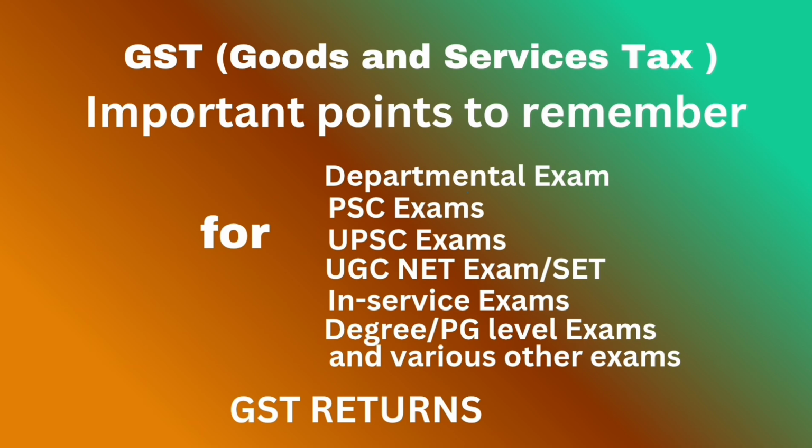Then next, what is the form for submission of details of outward supplies? That is the form for filing return of outward supply, that is GSTR1. GSTR1 can be furnished electronically on portal or through a facilitation center. Then, due date of submission of form GSTR1.